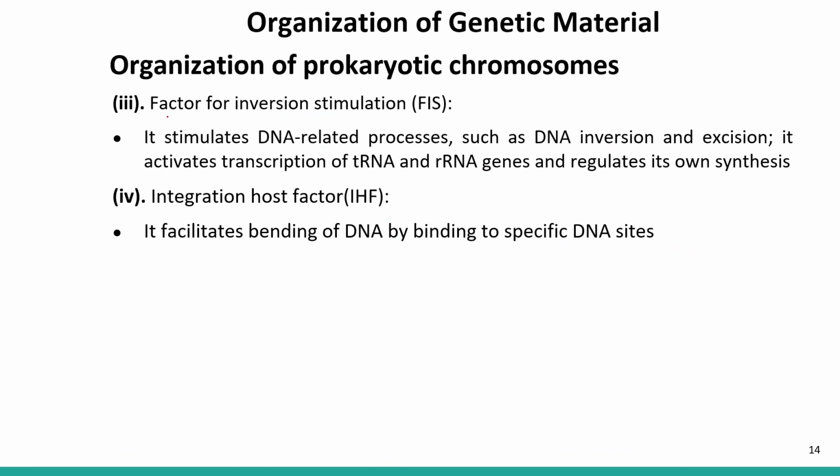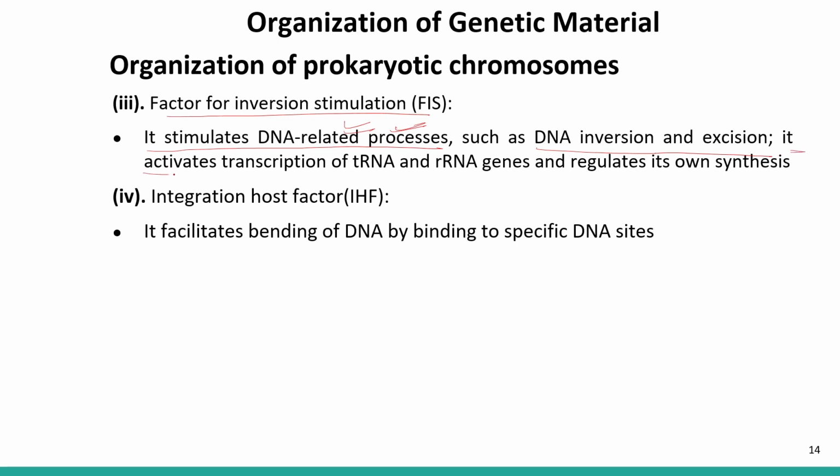Next is the factor for inversion stimulation. It stimulates DNA related processes such as DNA inversion and excision. When the DNA has to be cut, this particular protein is involved. That is excision.